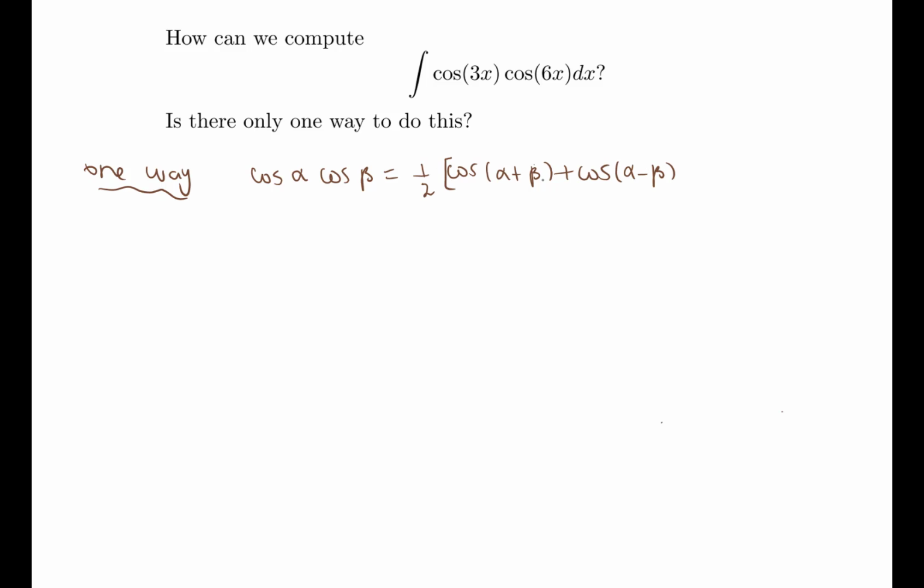And we will get to use this formula. That way we will turn the integral into something a lot simpler, and we use substitution once to find the integrals we end up with.